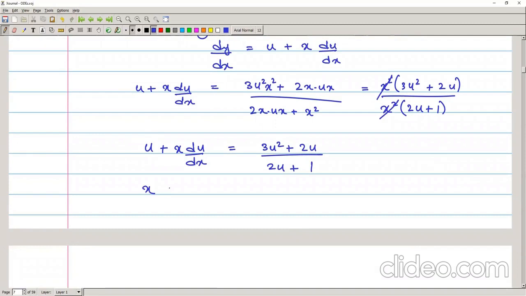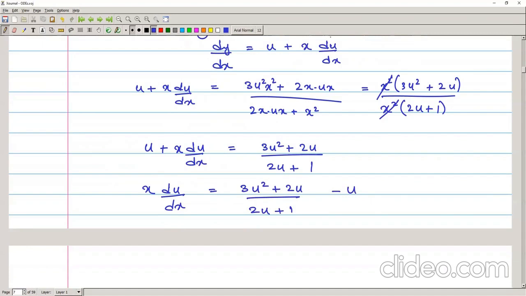Now we can simplify the equation by moving this u to the right hand side and taking the LCM. So it will be over 2u plus 1 minus u, right?